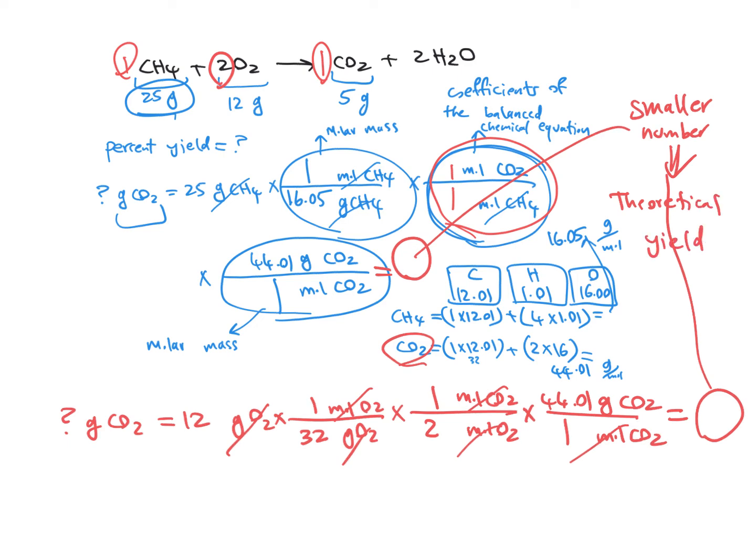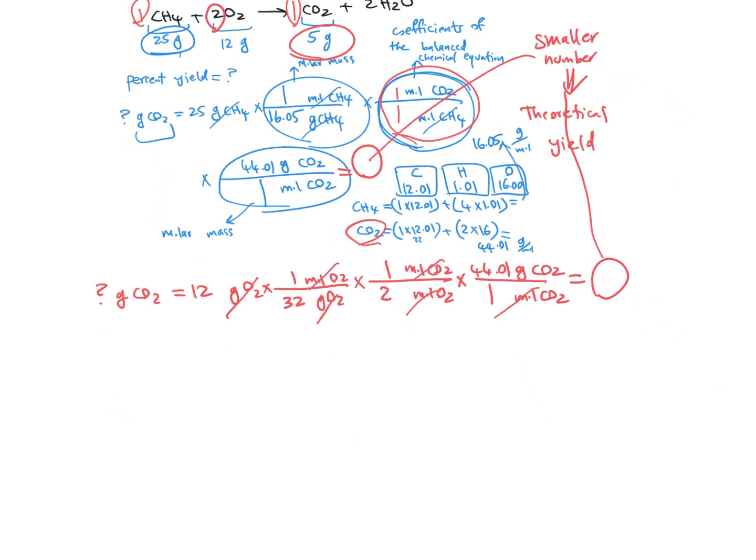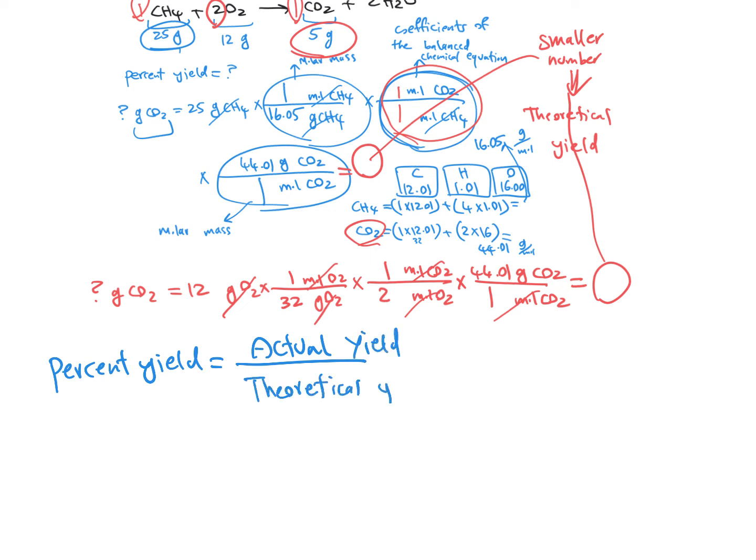Okay, and to find percent yield, here I gave you 5 grams of CO2. For percent yield, you say percent yield equals actual, remember the numerator should be a smaller number, actual yield divided by theoretical yield multiplied by 100%.